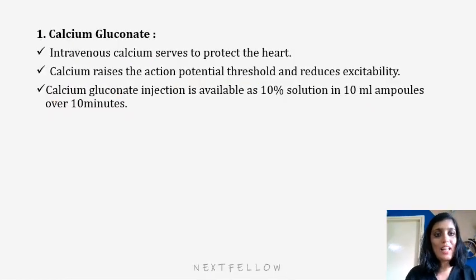So first coming to calcium gluconate. Intravenous calcium serves to protect the heart. How calcium gluconate acts in case of hyperkalemia is it raises the action potential threshold and reduces excitability.